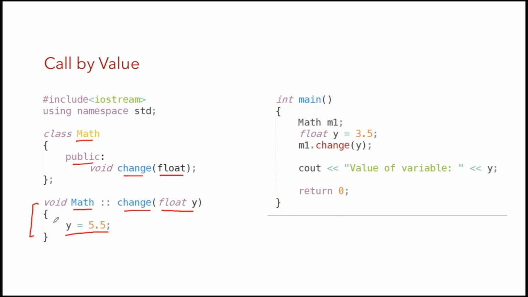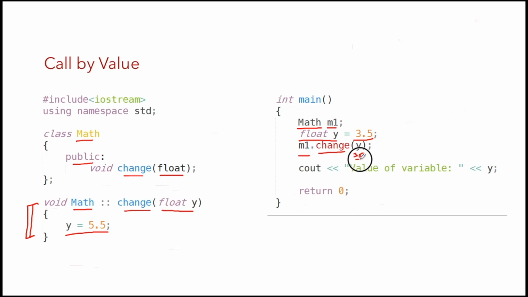This is something that I'm setting inside of the function definition. Now inside of main, I'm creating one object m1 for the class Math. Then I have this local variable float y, initializing it to 3.5. Now I'm calling my public function change, supplying it 3.5 as a value, which is the value of y. The function is being called with the help of object m1.